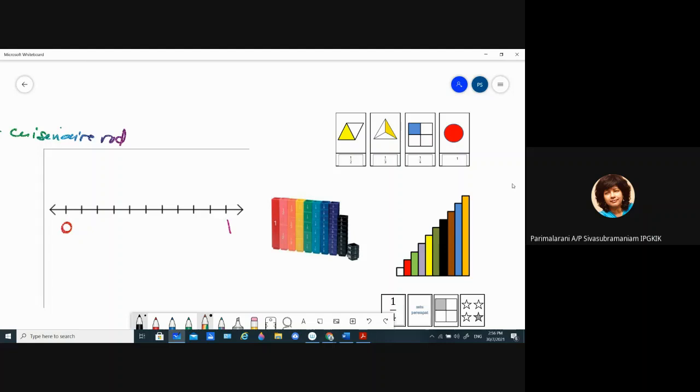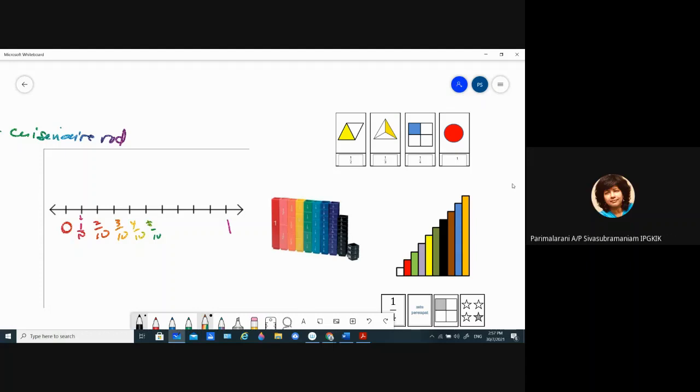How many parts do we have between 0 and 1? 10. So this first fraction is 1 tenth, 2 tenths, 3 tenths, 4 tenths, 5 tenths, and so on.